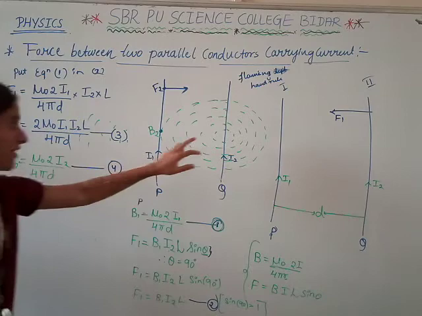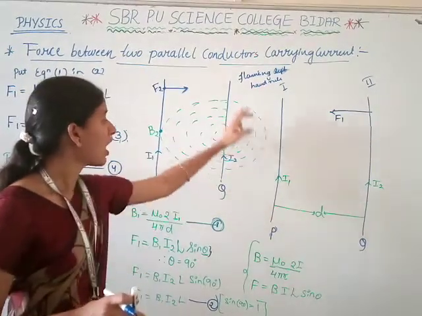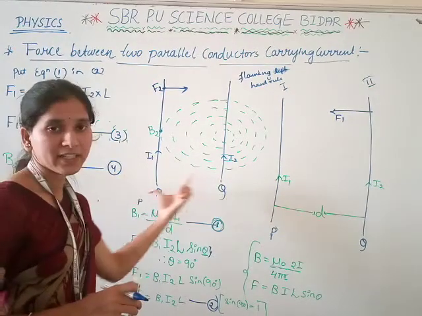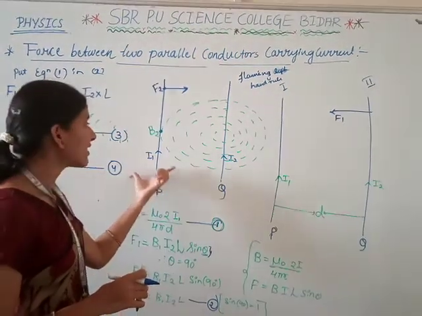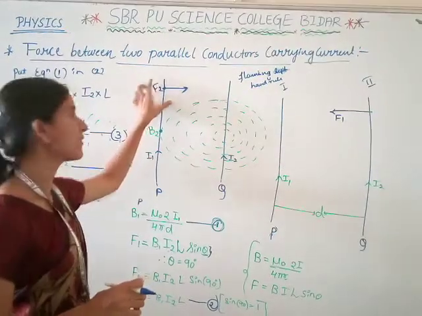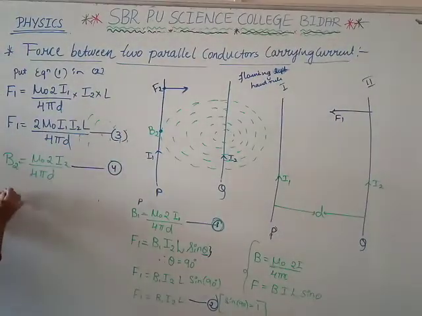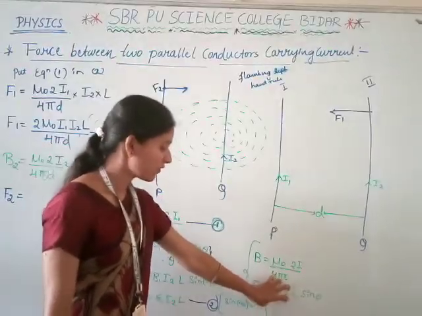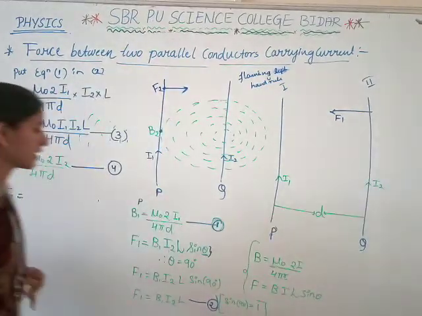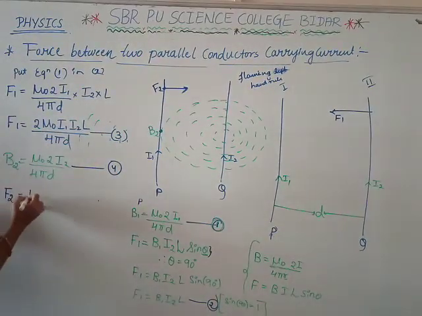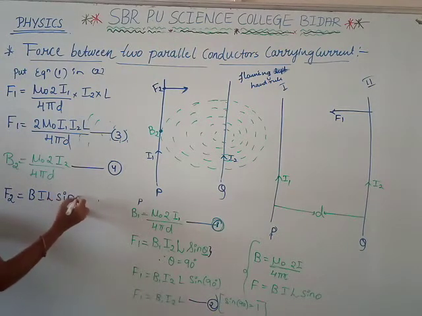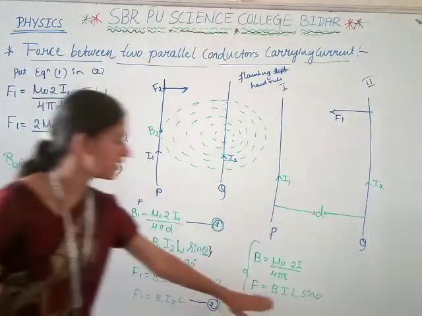When the magnetic field is produced around conductor Q, the other conductor nearby, that is P, experiences a force. That force is F2 here. F2 is equal to, we know the general formula, for any conductor the magnitude of the force is BIL sin theta. This is the general formula.